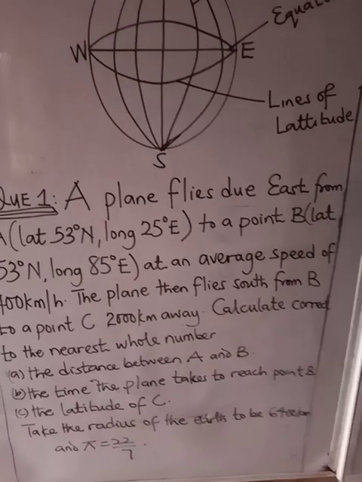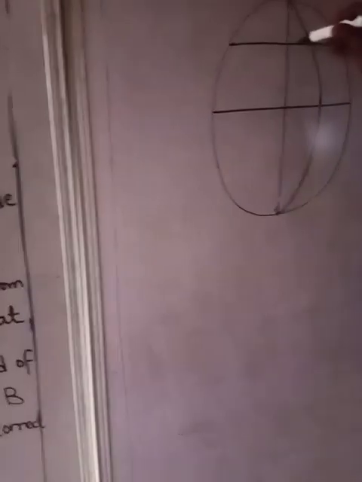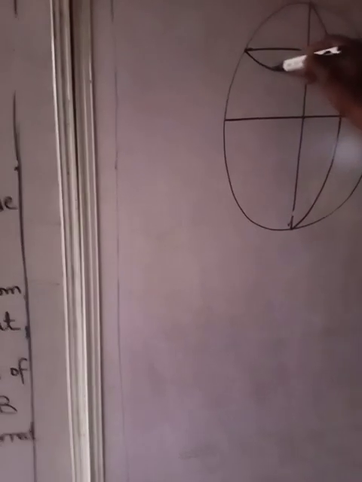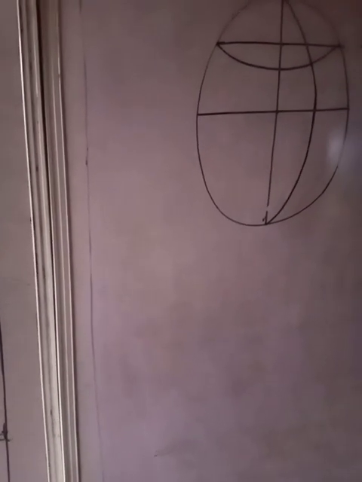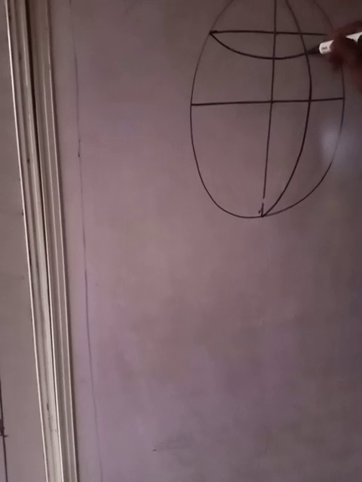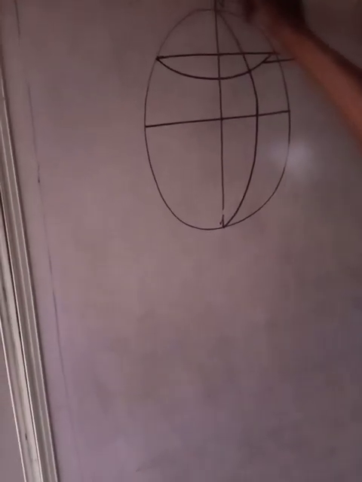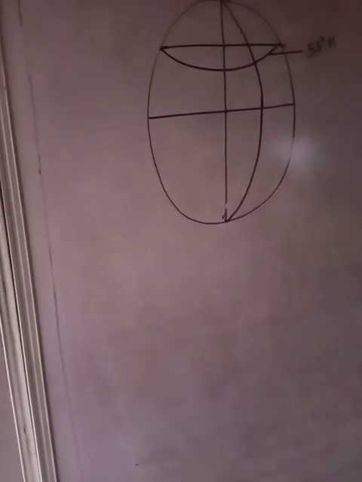So let's quickly locate those points, point A and point B. This is the equator. The latitude is 53° north, so this is northward, along these lines of latitude.